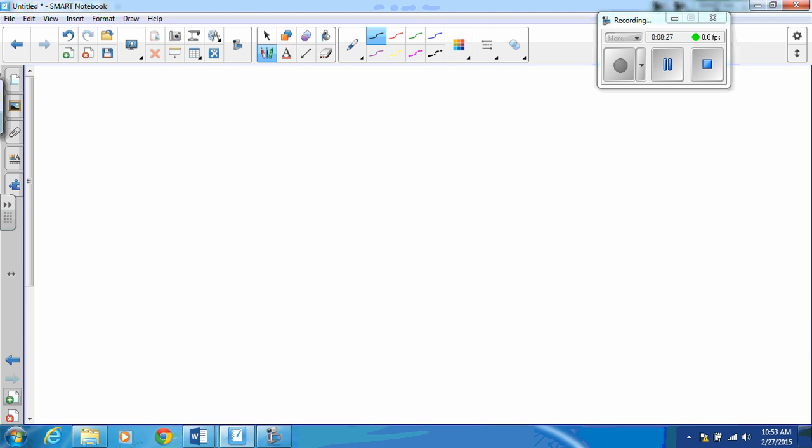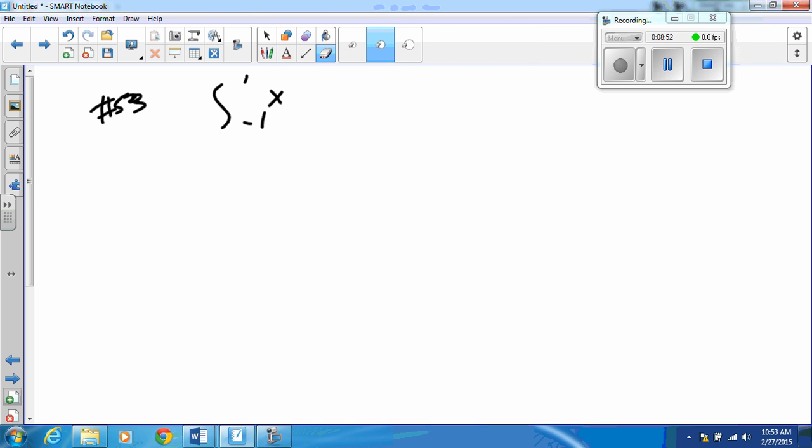Let's do one more quick example in which we will see a surprise. And that is going to be number 53, the integral from -1 to 1 of x times (x squared plus 1) cubed dx.